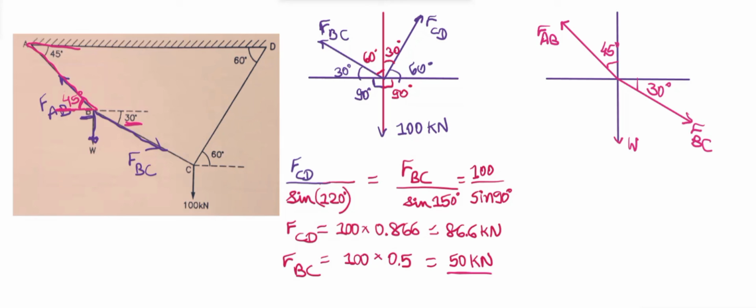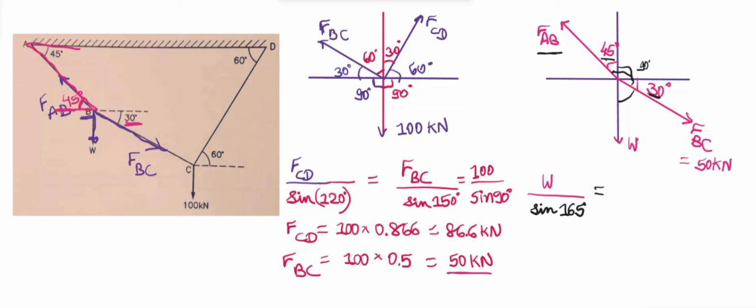Let's just apply the Lami's theorem. W upon sine of opposite angle. Here the opposite angle will be this total angle, which is 45 plus 90 plus 30, which is equal to 165 degree. W upon sine 165 degree is equal to FAB.